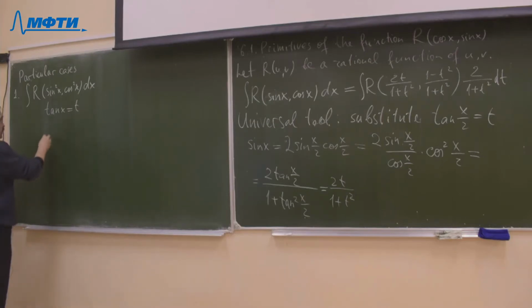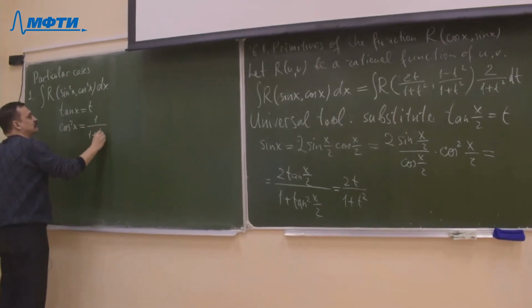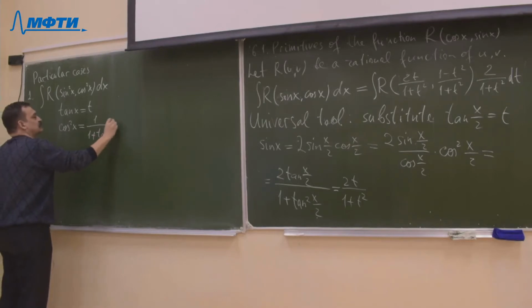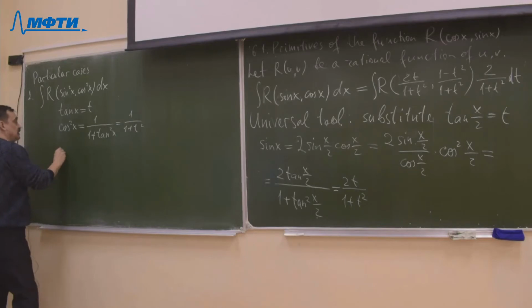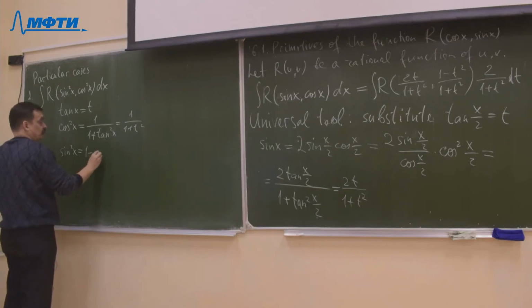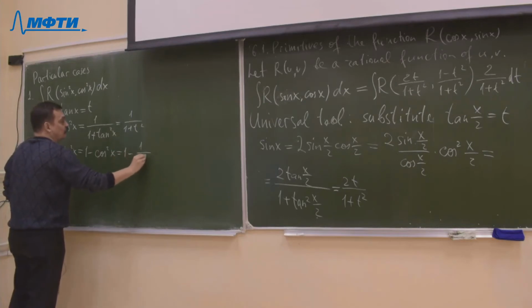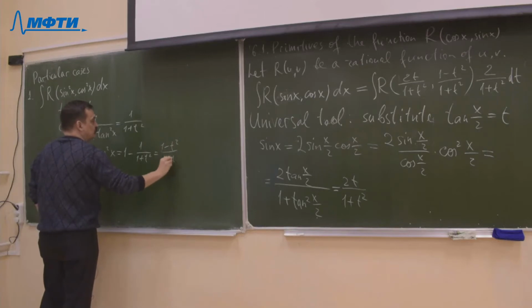Because now we can immediately represent cosine squared x as 1 over 1 plus tan squared x, that is 1 over 1 plus t squared. Sine squared x is 1 minus cosine squared x, 1 minus 1 over 1 plus t squared, that is t squared over 1 plus t squared.